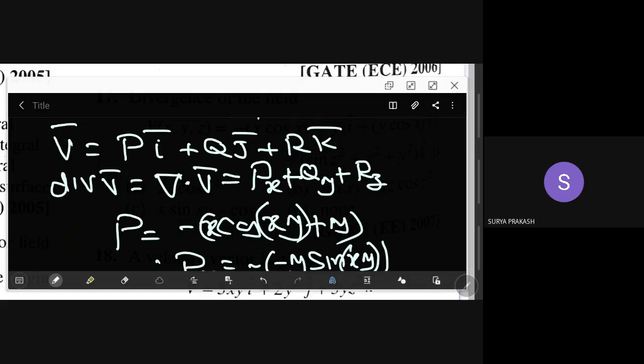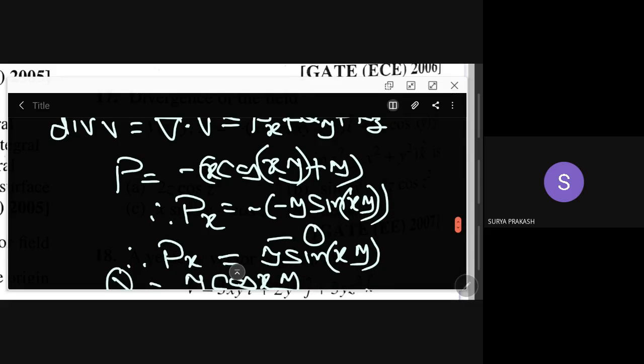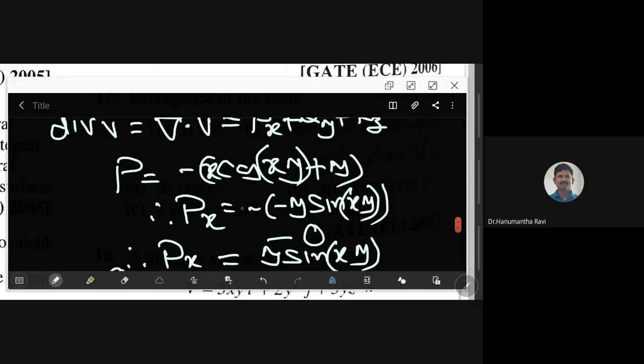Here x is there, so x cos xy means a small correction. Differentiating, x will come, then cos xy also will come, plus cos xy into x.